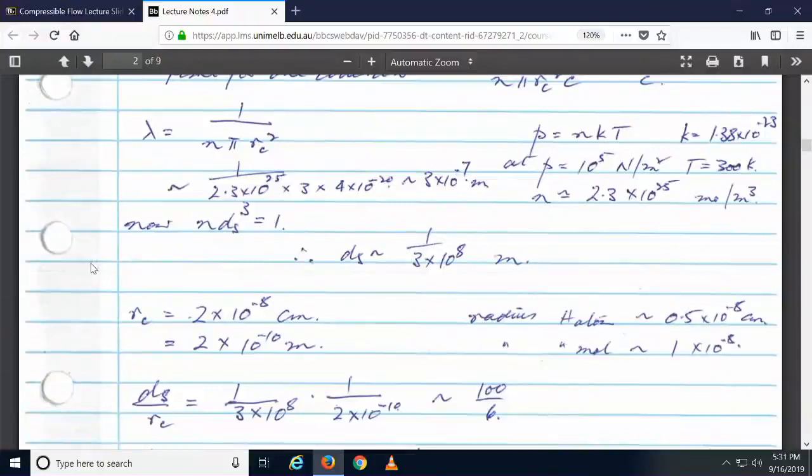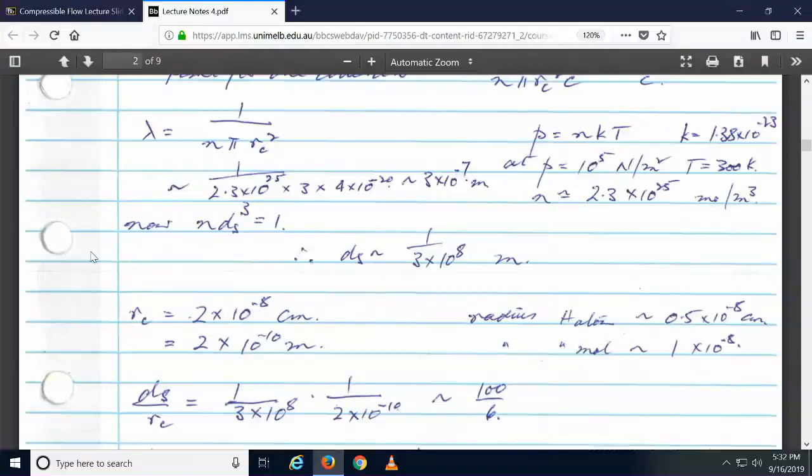This is how I worked it out, and the radius of a hydrogen atom is about a half an angstrom, because the diameter of the atom is about 1 angstrom. So for a molecule, the radius is about 2 of those, so it's about 1 by 10 to the minus 10 meters. So that's how I worked it out. And so what is the average distance divided by the cross-section radius?